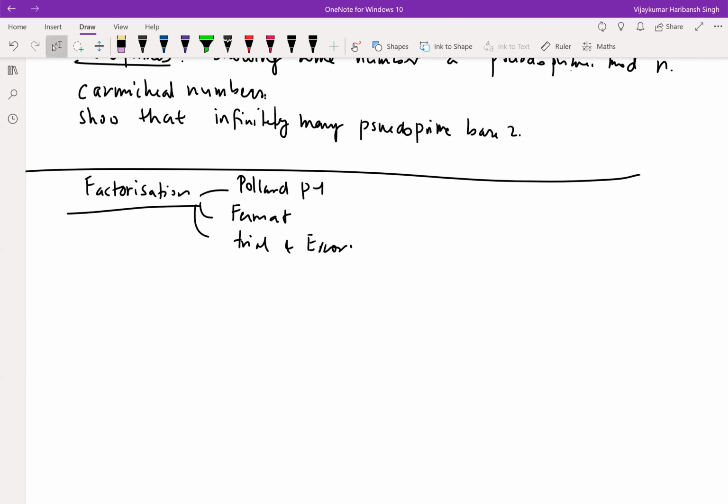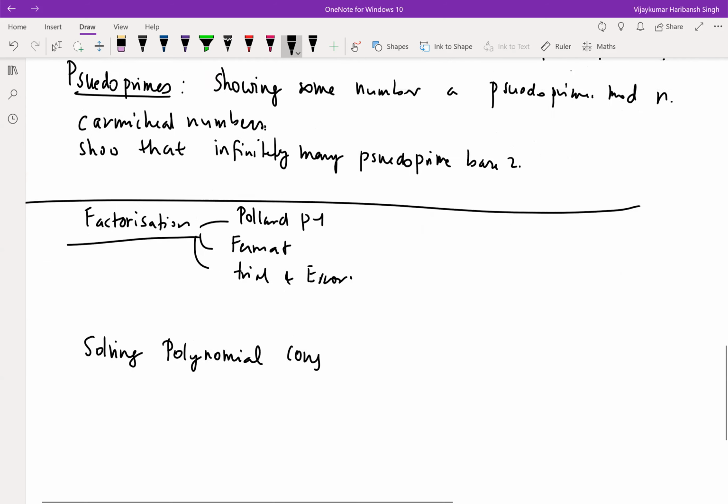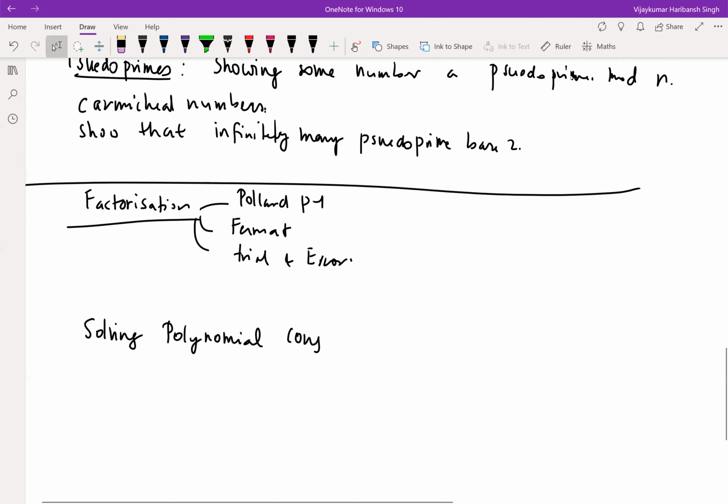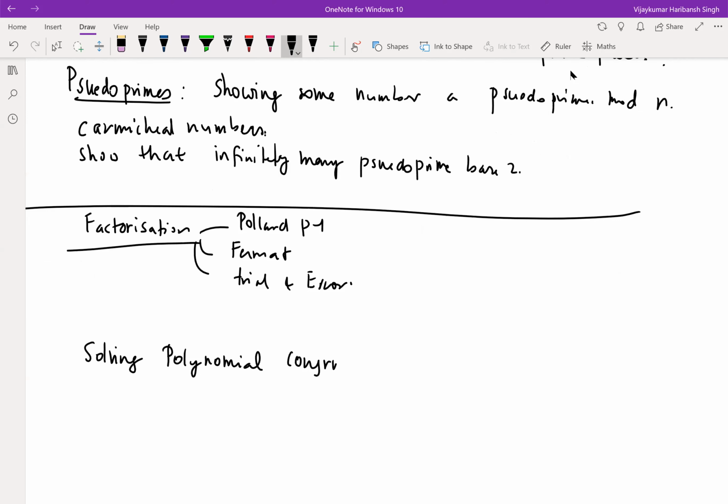Then we can discuss solving polynomial congruences. Solving polynomial congruences and applying Hensel's lemma.